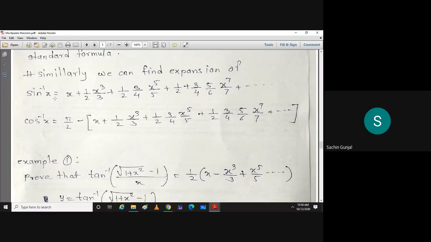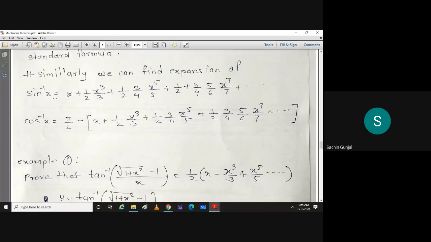So can you tell me how do you find the expansion of sine inverse x? Anybody? Can you repeat the question, sir? How can you find the series expansion of sine inverse x? So we take the derivative and then square it and then integrate.